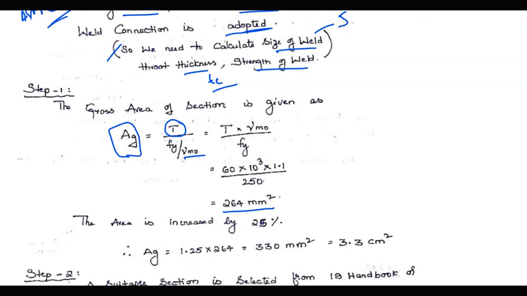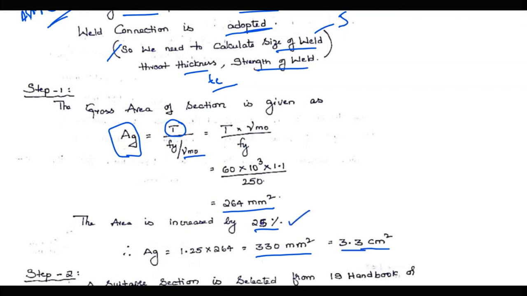So 264 mm square should be the gross area of the section. But I have increased the gross area by 25%, and it has come to 330 mm square, that is 3.3 centimeter square.